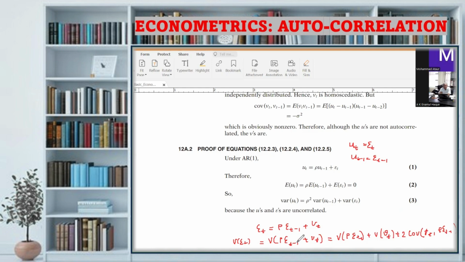So the logic is that there are two terms, a plus b, so it's a square plus b square plus 2ab.